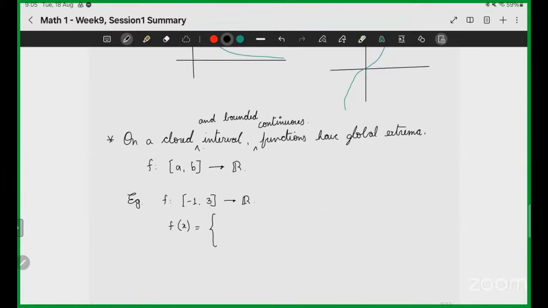I want x plus 1 if x is in between -1 and 0, and I want minus x plus 1 between 0 and 3. Here we have done 3, so let's close it off also.